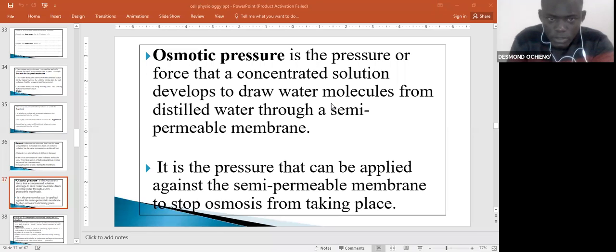I'm trying to find it on my charts here. Just a minute, kindly. Can you say osmosis is the movement of water molecules? That is from Clinton.